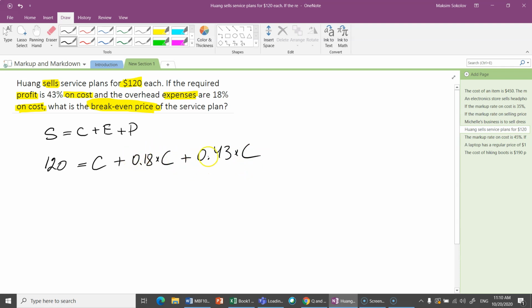We're lucky in this problem because all our unknowns are on one side, so we don't need to move anything from one side to another. We will simply factor out C from here. 120 is C, so we factor it out, and we already know how to factor out when there are two terms, but we can factor out with many terms in the same fashion. So it will be 1 plus 0.18 plus 0.43.